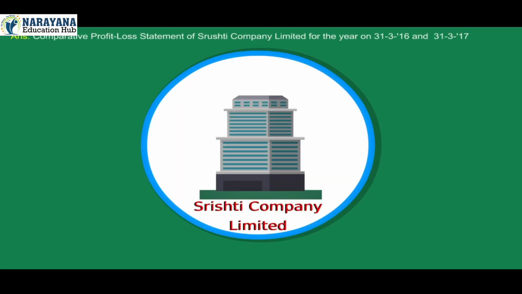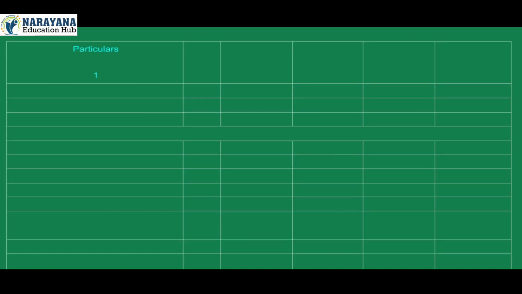Answer. Comparative profit and loss statement of Srushti Company Limited for the year ending on 31st March 2016 and 31st March 2017. Columns: 1. Particulars, 2. Note number, 3. 31st March 2016, 4. 31st March 2017, 5. Increase or decrease, in bracket 4 minus 3, 6.